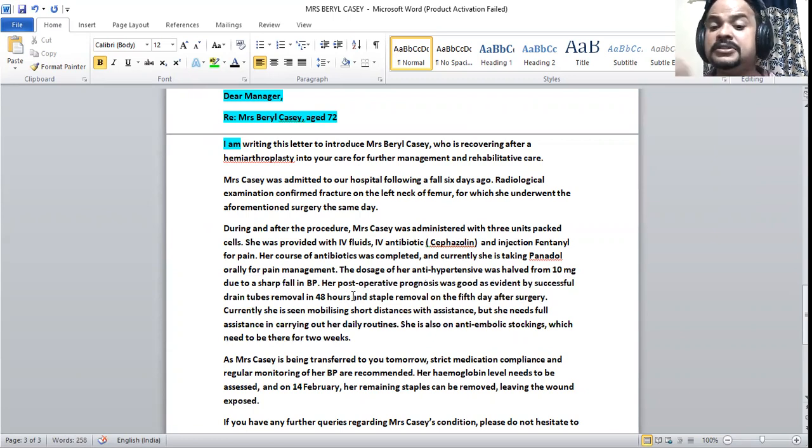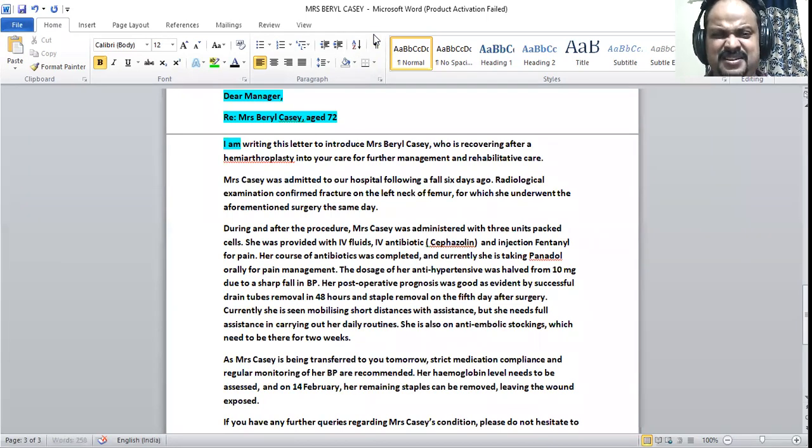So I cannot just halve the antihypertensive from 10 to 5 mg for a simple fall. So if it is a noticeable fall, then only I can reduce the thing by half. So I have used it, a sharp fall in the blood pressure. Now the next thing, her post-operative prognosis was good.